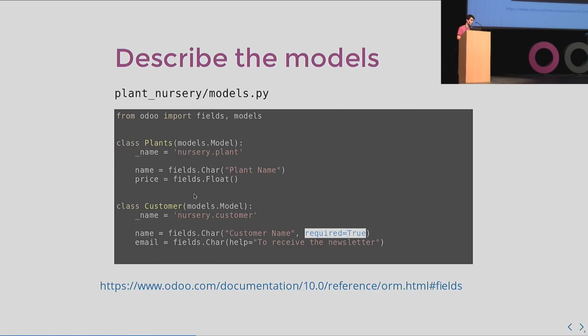I will give more examples of attributes here. The help is just the tooltip: when you put your mouse on the field, it will show a pop-up to help your user know what information you want them to put there.